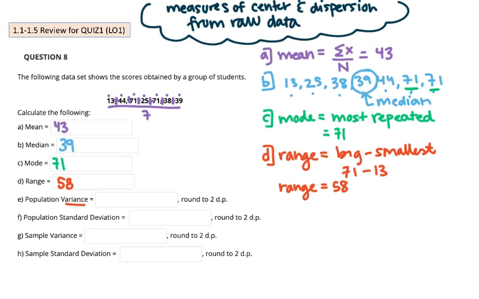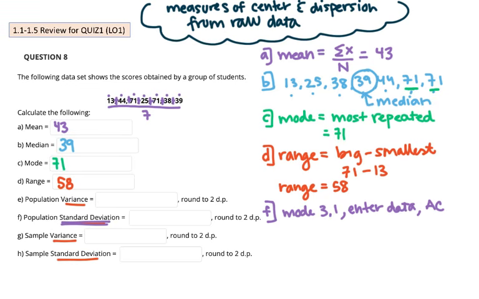Now, when it's talking about variance and standard deviation, we need to use our calculator. And one thing is the calculator actually gives us the standard deviation, and then we use that to get the variance. So let's actually start with part F. You need to use your calculator. You need to do mode 3-1, and then you enter your data.